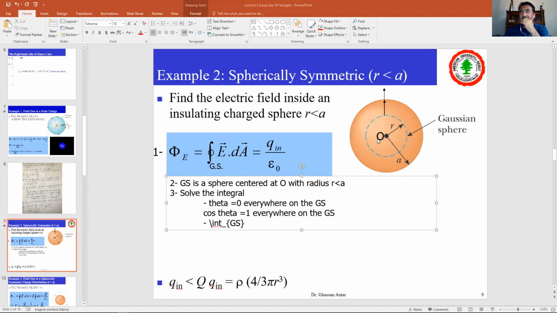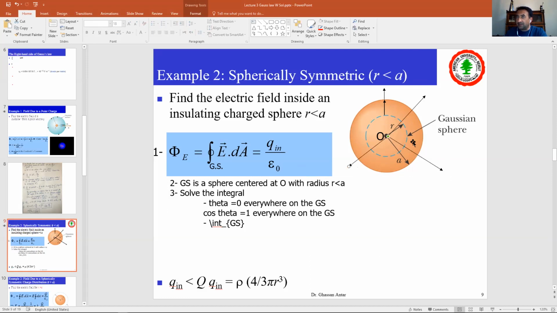So consequently, the electric field is like this, or like that, or like this. It's only in the radial direction.